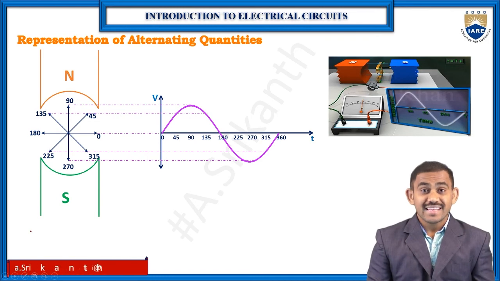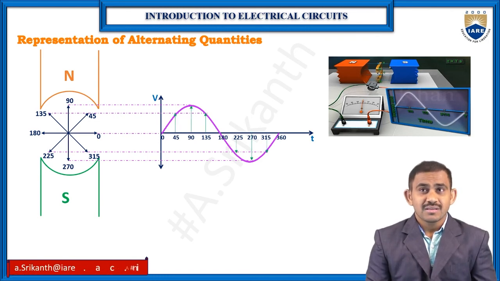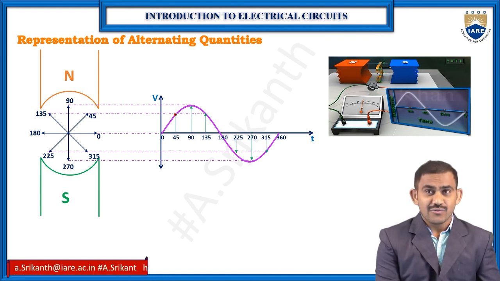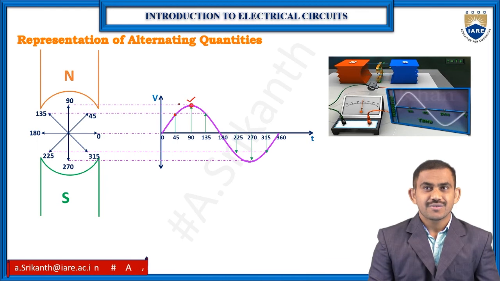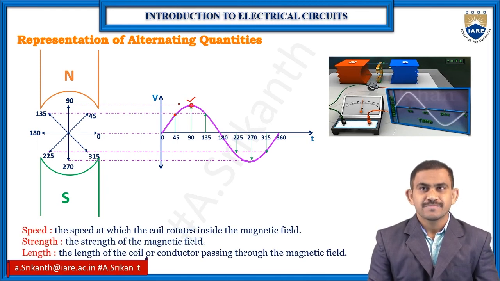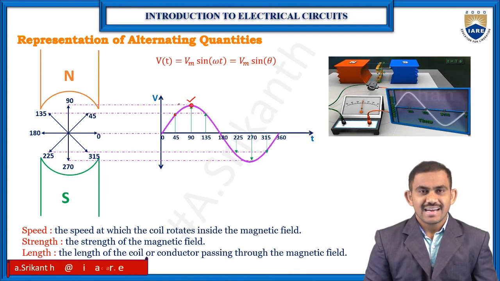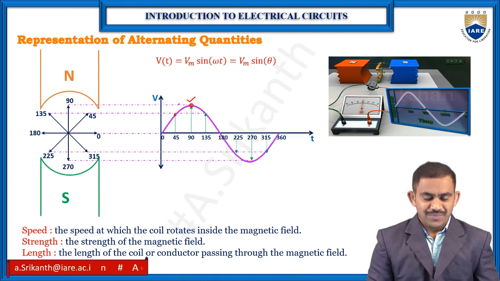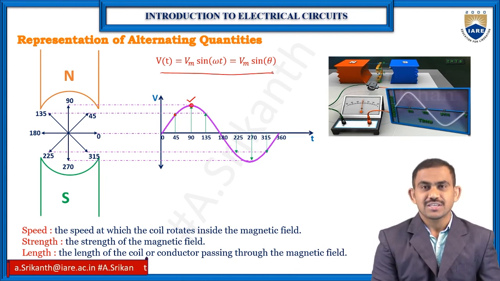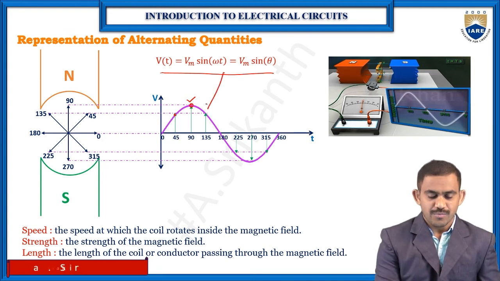Now we can write the equation for this waveform. When you get the peak value at 90, you can use the equation Vm sin omega t or Vm sin theta. This is the equation for this waveform.